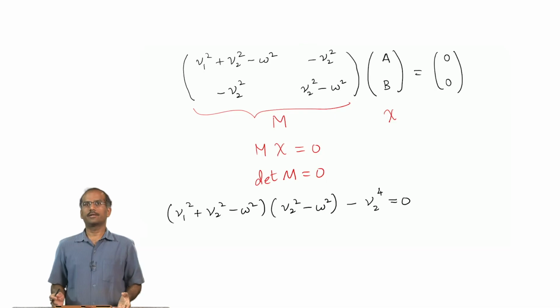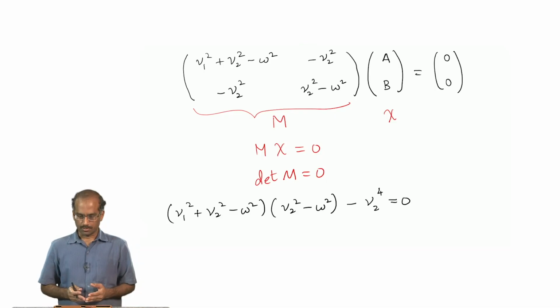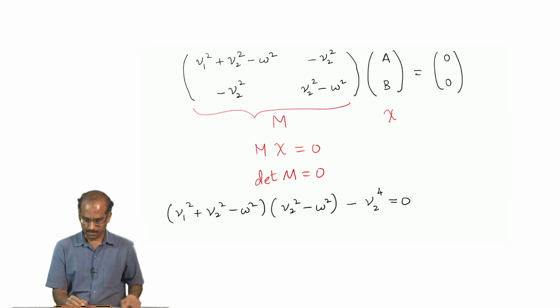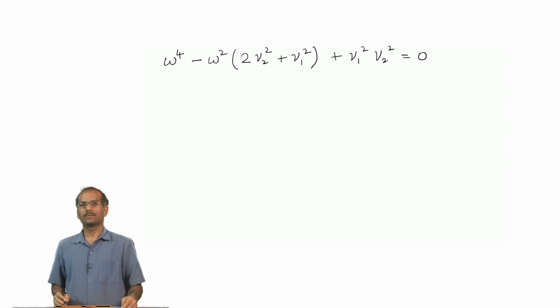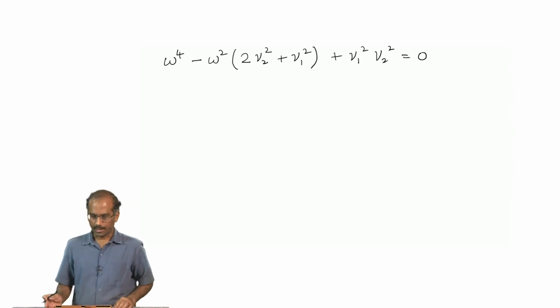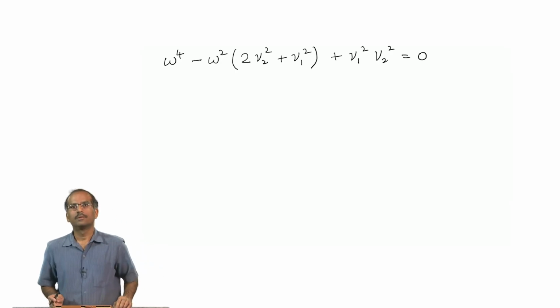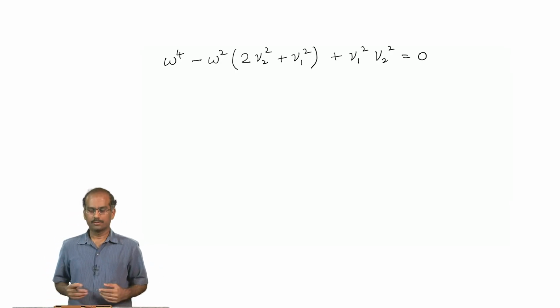You will quickly recognize that this is a quadratic equation in the variable omega square. So, if I multiply all the terms, arrange them in powers of omega, I should get the following equation. Now, it is very clear that what I have is a quadratic equation in the variable omega square.